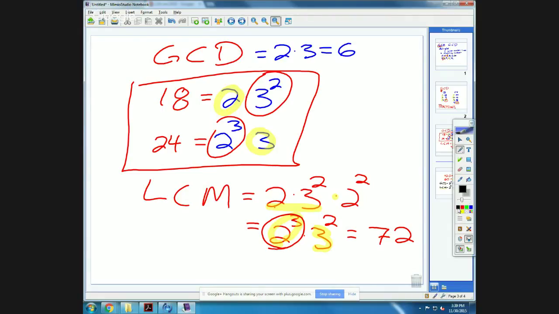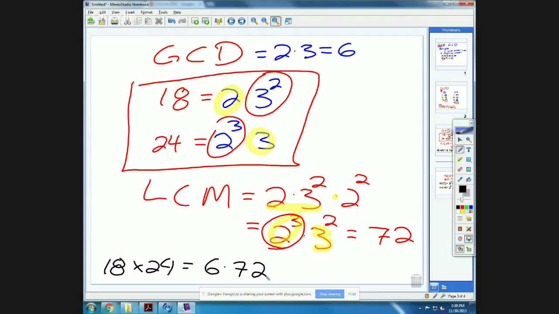Yeah. So if I take 18 times 24, that's going to be the same thing as taking 6 times 72. Because both 18 and 24 use these same factors just in a different order than 6 times 72. Right? 18 says take these guys, 24 says take those guys, multiply them all together. 6 says take the yellow ones, multiply by the circled red ones, same stuff. So double check if you have a calculator.